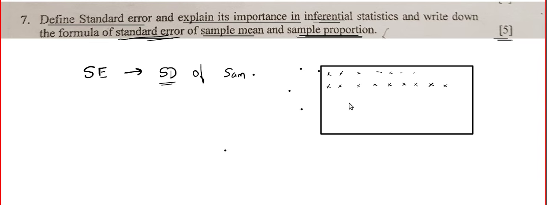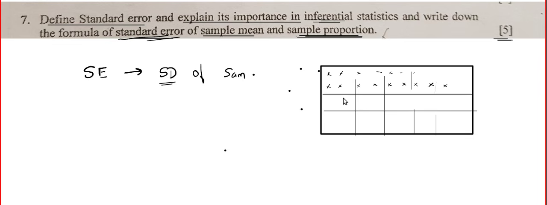So practically what we do is we divide the entire population into many parts and we take samples. We systematically take samples; there are many methods for that, like cluster sampling, etc.